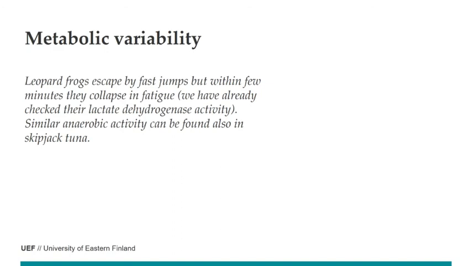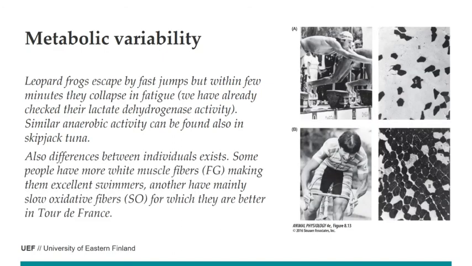And similar anaerobic activity can be found, for example, in skipjack tuna, which swims very fast. One of the fastest swimmers in the ocean. And it swims a short distance, so it can do it very well with this anaerobic metabolism. But then there are also individual differences.